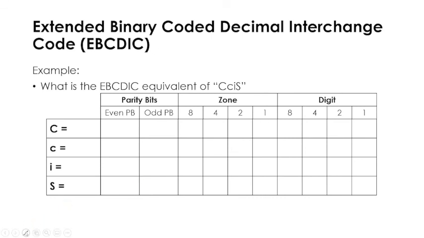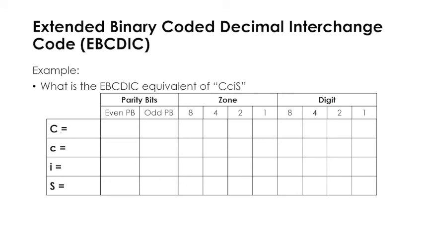Let's try to complete an example. What is the EBCDIC equivalent of CCIS? So we have an even parity bit, odd parity bit, the zone, the digits.